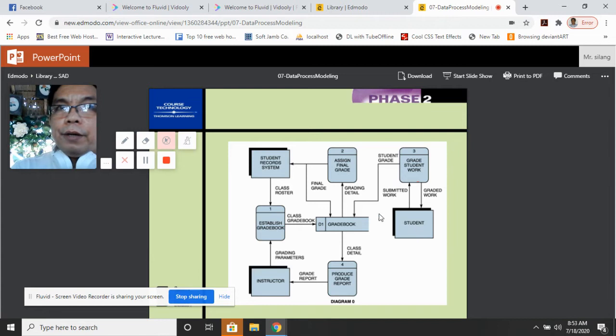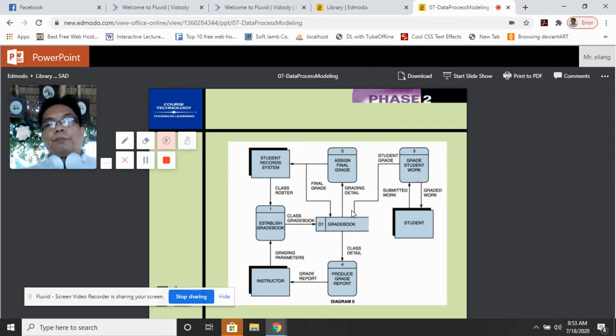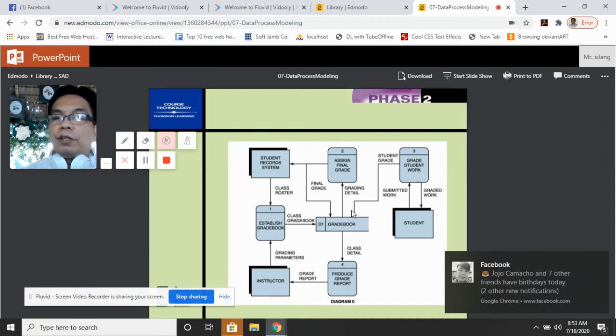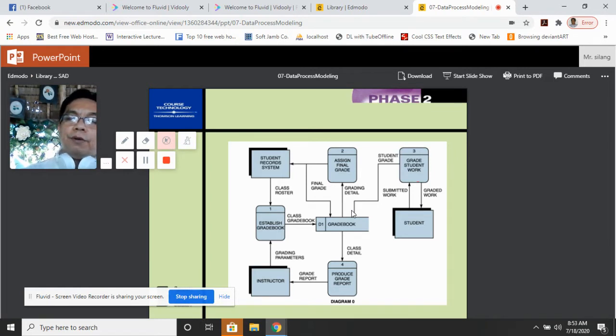So this is called diagram 0. Okay. So again, they are referring to the same system. And this is how we actually present data flow diagrams. So usually we start with the context diagram, and then we have diagram 0, and then we can have even lower levels of diagram.